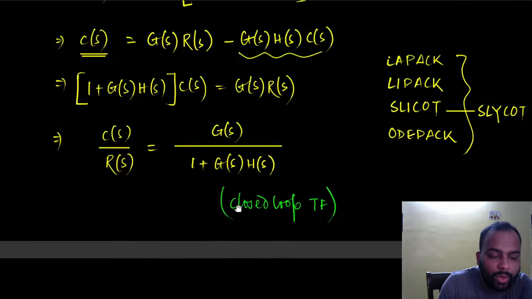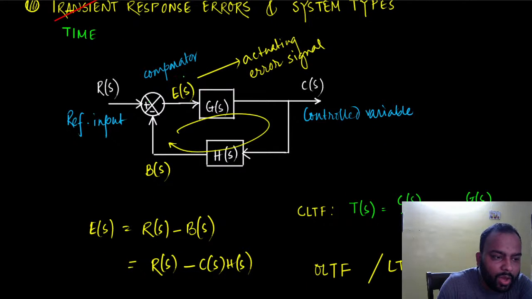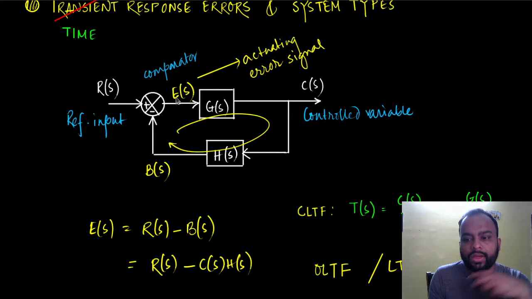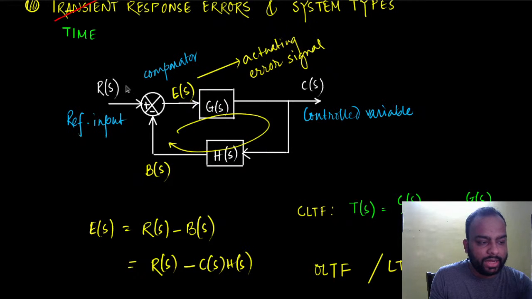Now we are going to define something else. What about this error signal? Since this error signal appears in this system, it can also be compared with respect to the reference input signal. So ideally, what would I want?